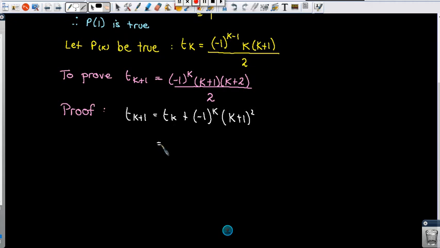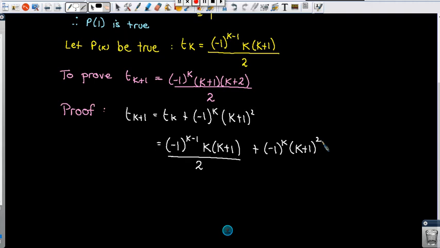This becomes minus 1 to the k take 1, k plus 1 all over 2. And we've got this plus minus 1 to the k, k plus 1 squared. Now what?